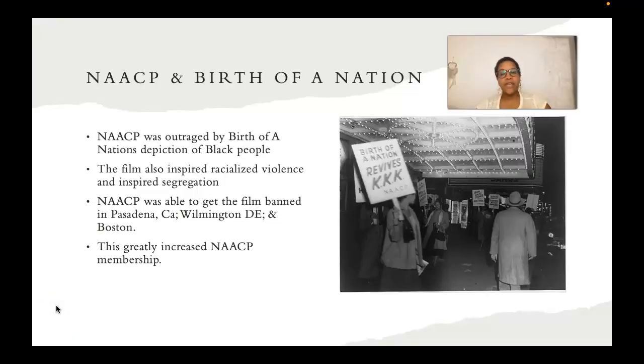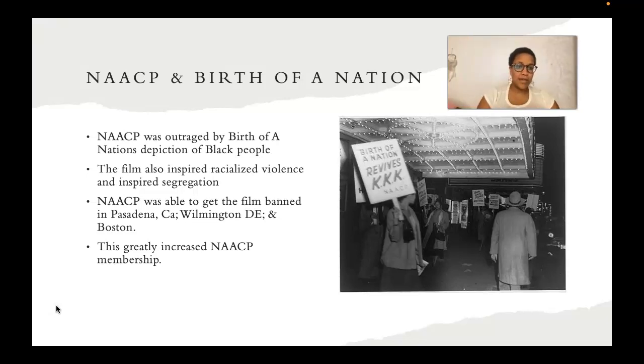So the NAACP was outraged by Birth of a Nation's depiction of black people, as it should be. It depicted them as a bunch of lazy rapists who were dysfunctional and couldn't get anything together, right? And so this film also inspired racialized violence, and it also inspired segregation, right?